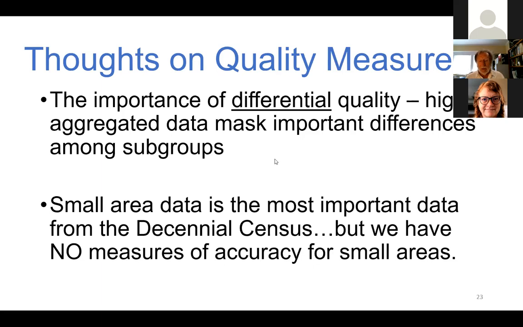And then the second point highlights a mismatch: as I said earlier, I think small area data is the most important data from the decennial census, but we don't have any measures of accuracy for small areas. So the data that's most important is data that we don't have good measures of accuracy for. Next slide.